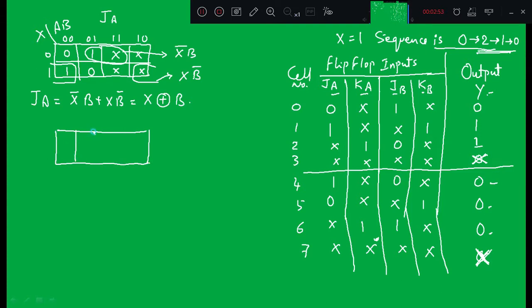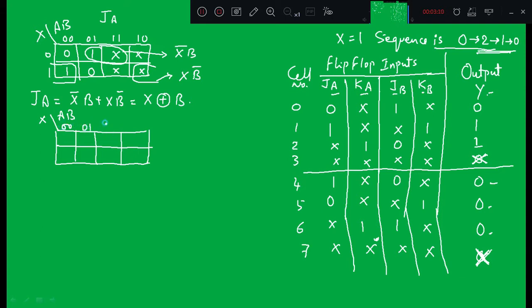There is no need to put a K-map for K, because for all cells it is either 1 or don't care. So these both ones can be grouped along with the don't cares, and you can obtain the output expression, which is equal to 1.